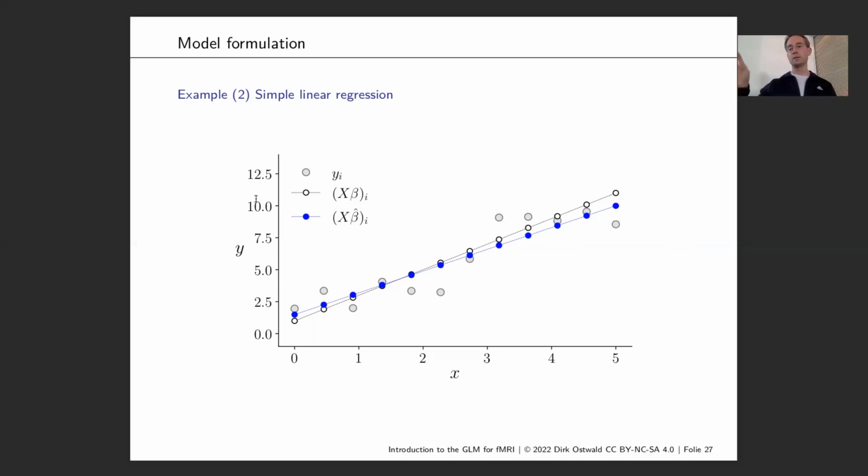Tomorrow we will see that if you have two conditions, each encoded in its effect size in one beta parameter, then using this 1 minus 1 contrast you can see if a certain data set is more responsive to one or the other condition, and that's something you want to use in fMRI.